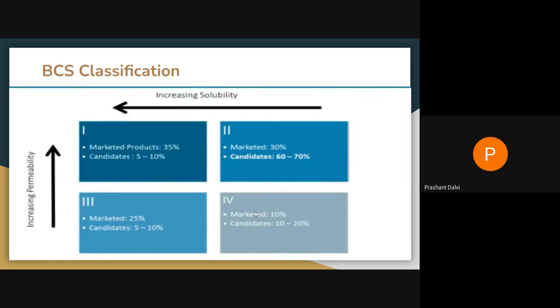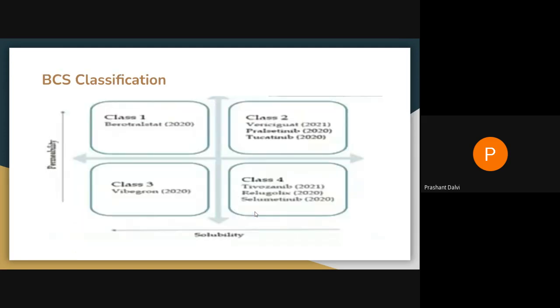So the aqueous solubility of the drugs and bioavailability is one of the important aspects in the formulation and development of any oral solid dosage form. And the majority of these new chemical entities are found in class 2 and class 4. These are some recently discovered FDA approved class 2 and class 4 drugs, new chemical entities.